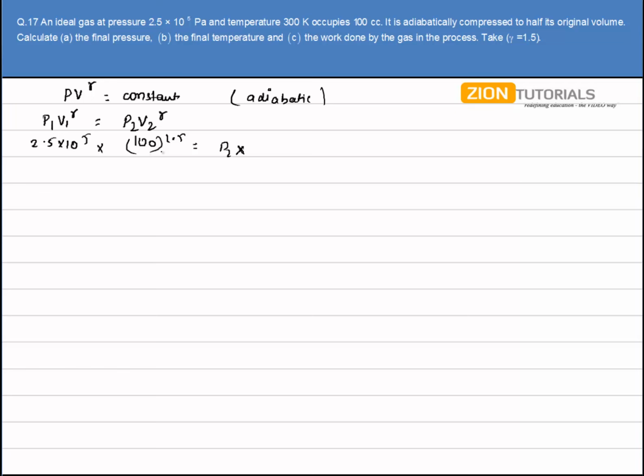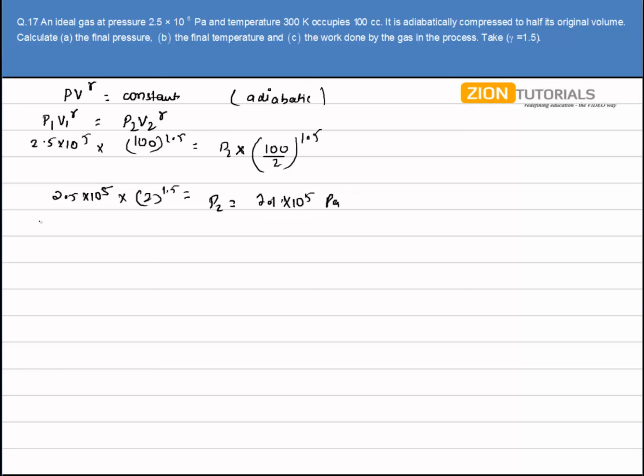Let's say V1 is 100 cm³ and V2 is half of its original volume, that is 100 by 2, again to the power 1.5. So it comes out to be 2.5 × 10^5 × 2^1.5. That is my final pressure. Just solve this and you'll get the final pressure as 7.1 × 10^5 pascals.